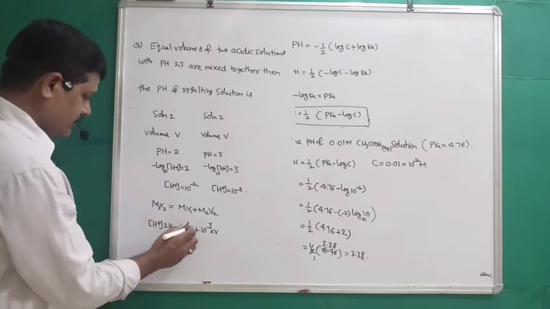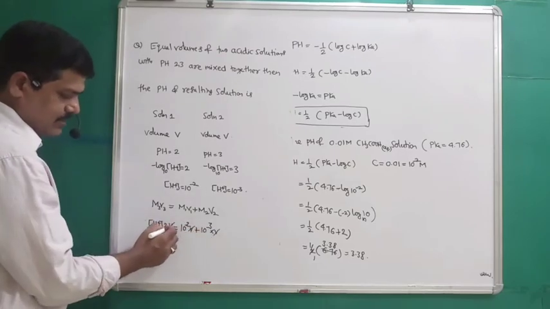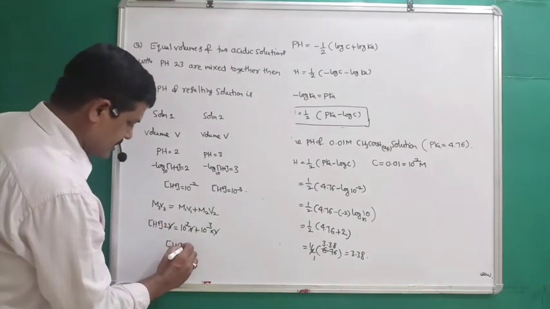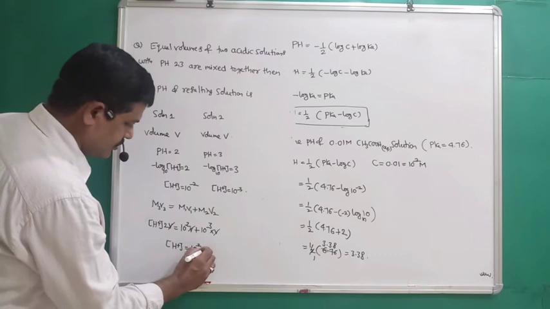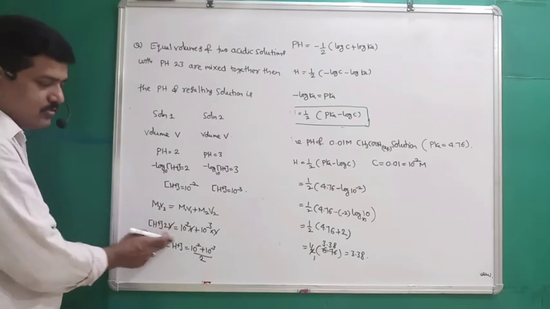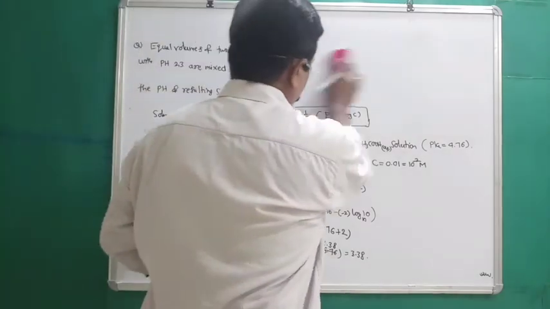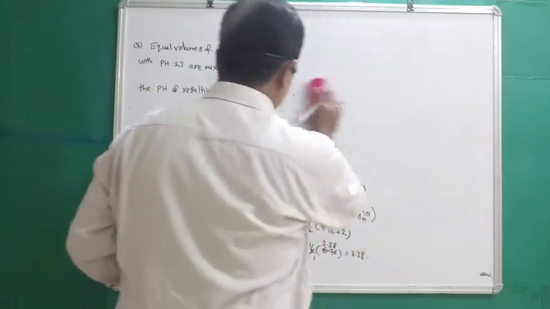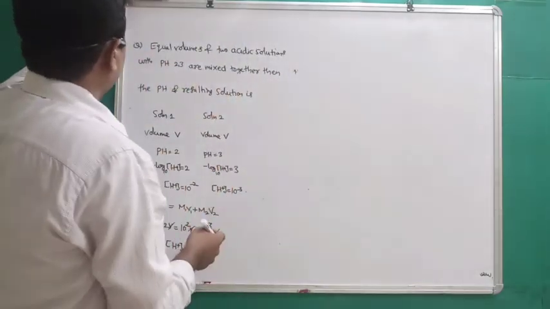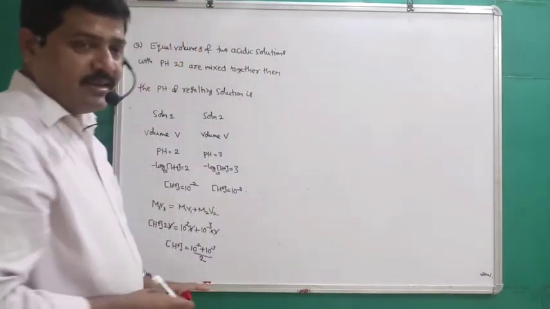So here we can take V as common, and this V will get cancelled. So the H plus ion concentration is equal to 10 power minus 2 plus 10 power minus 3, by 2. If you transfer 2 to the other side of the equation, so we got the H plus ion concentration.